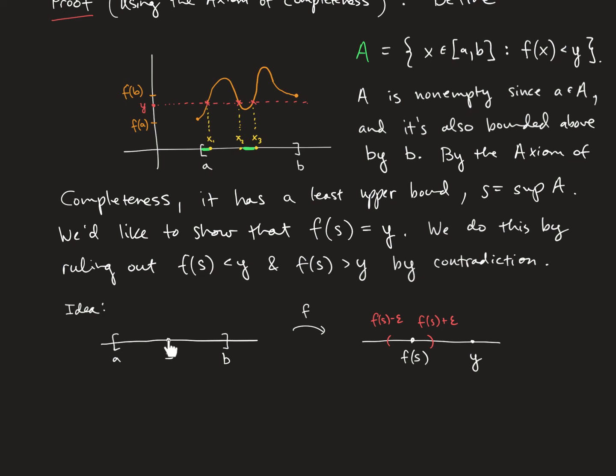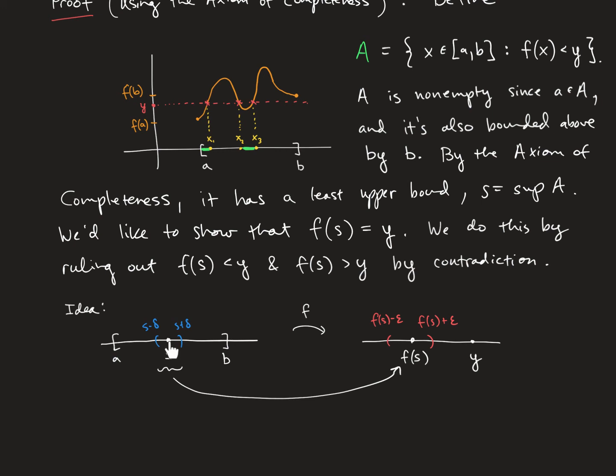Then we can find a little delta ball around s, with s plus delta and s minus delta, which maps into that epsilon ball. This delta ball is being mapped into here.